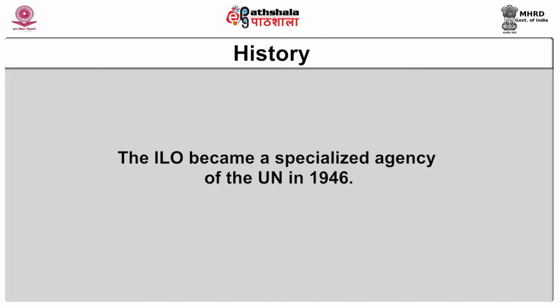The ILO became a specialized agency of the UN in 1946. In 1969, because of its tremendous work in the field of labour and employment, the ILO received the Nobel Peace Prize.